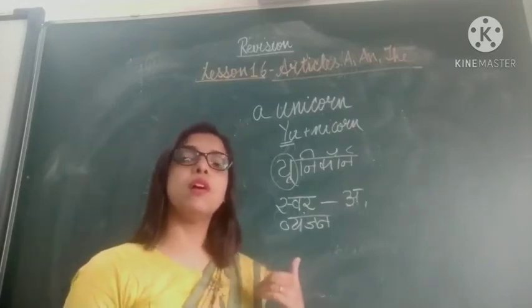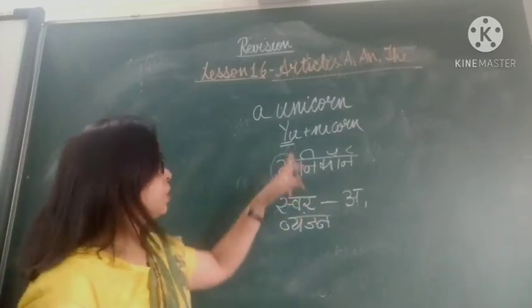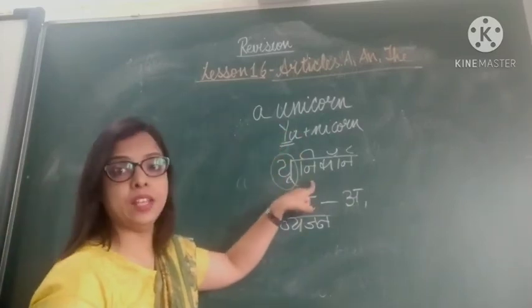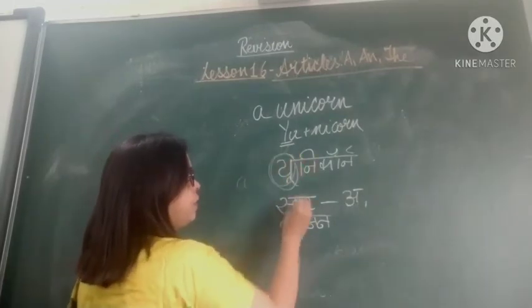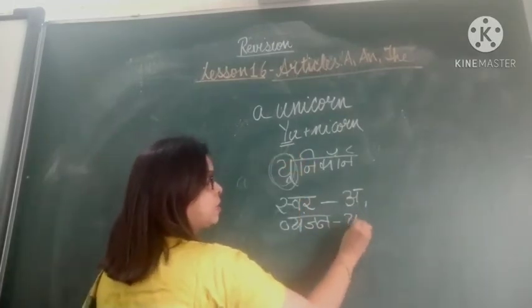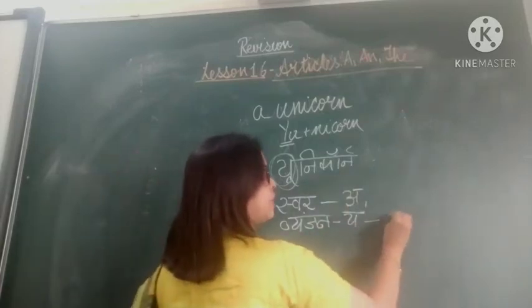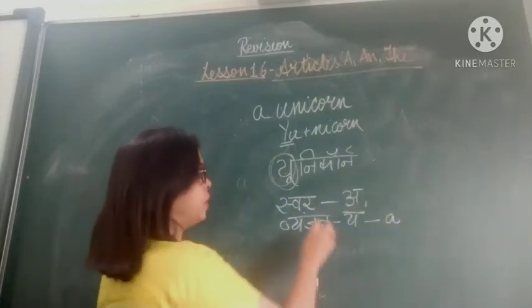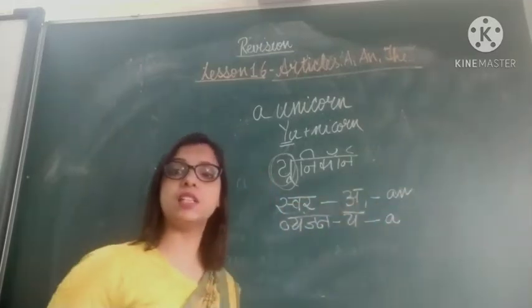Okay. So in order to decide a or an, you can just write the word in Hindi, and if you see that the word is starting with a vyanjan, then you will write a, and if the word is starting with a swar, you will write an. Isn't it easy?